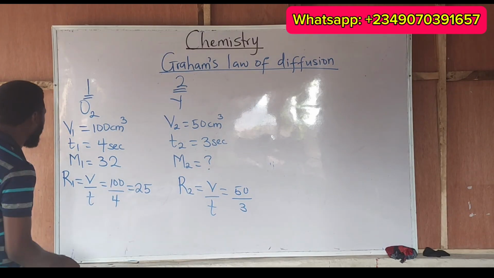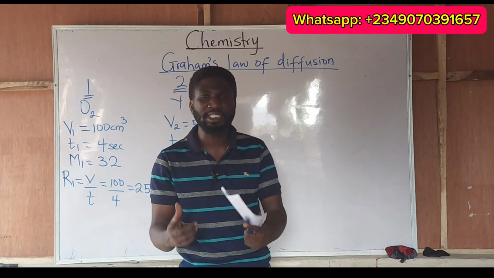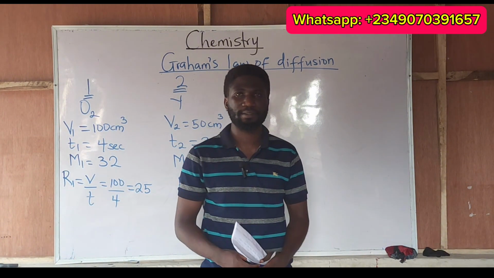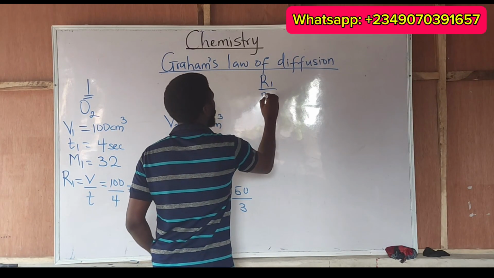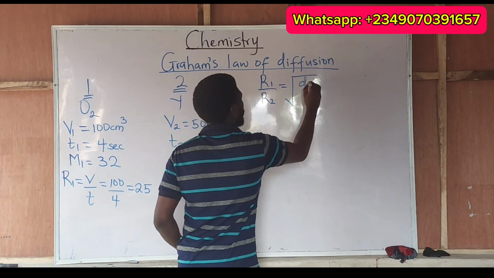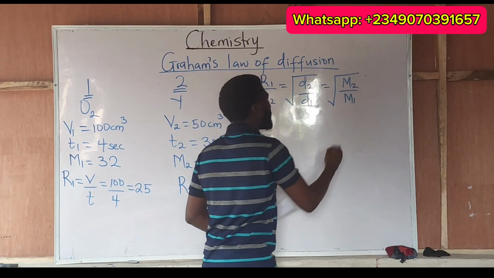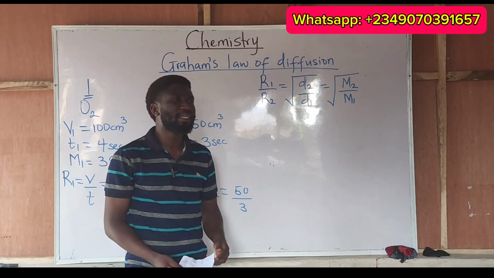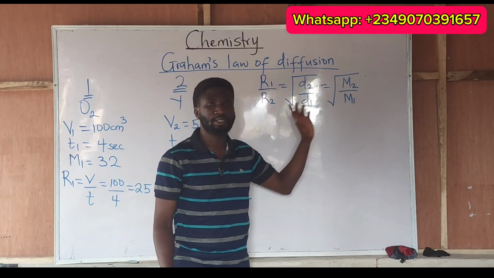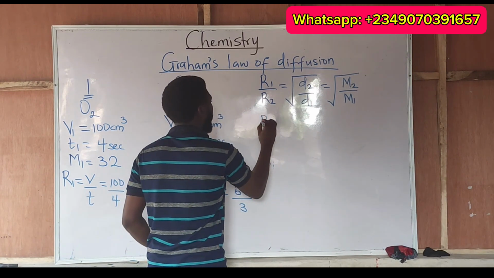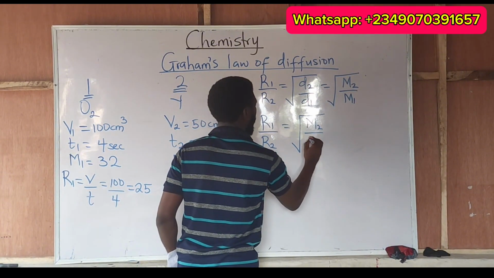Now that we've gotten the rate of diffusion, we are relating rate of diffusion and molecular mass together. Remember the general formula I gave, where R1 over R2 equals D2 over D1 equals the square root of M2 over M1. In this case, we are not given density, so we are using R1 over R2 equals the square root of M2 over M1.